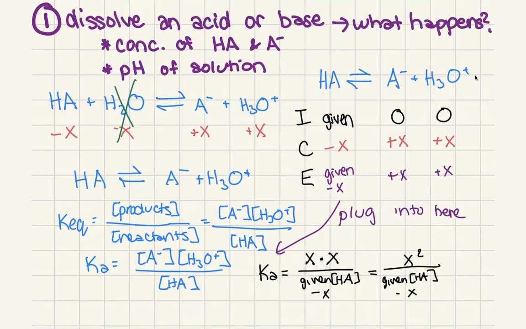And so we can then do this equation when we have the pKa by recognizing the relationship between the Ka and the pKa. So remember that Ka is also going to equal 10 to the minus pKa, and that is going to equal our X squared over our given acid concentration minus X. And in order to actually solve these equations, we're going to have to use the quadratic formula.